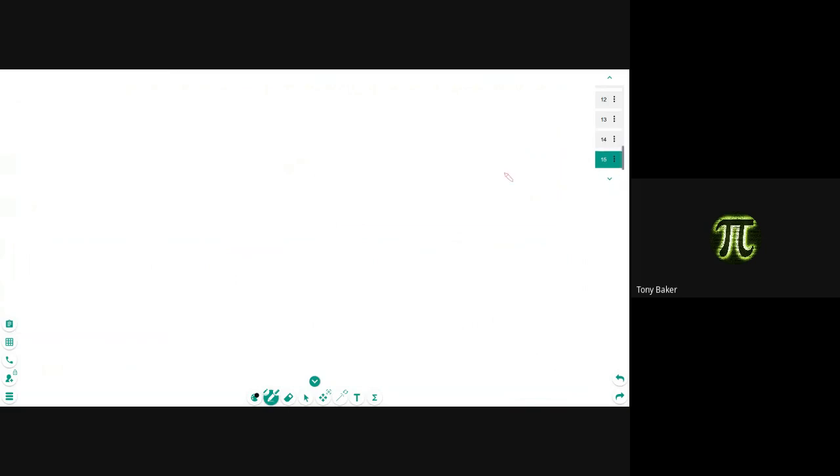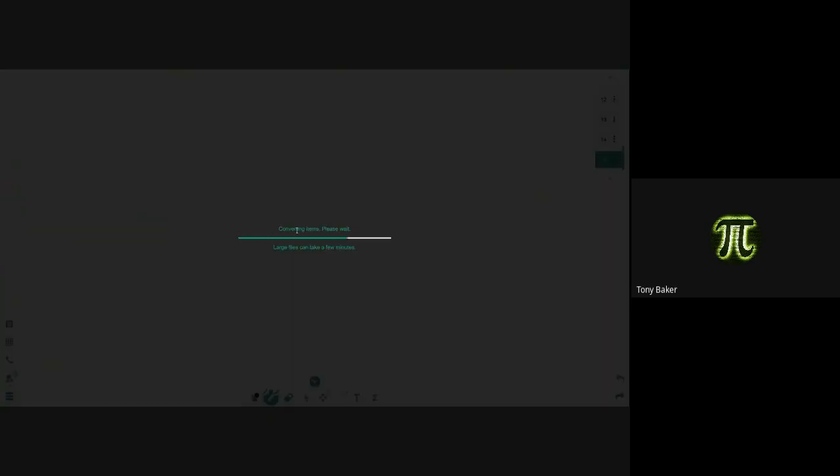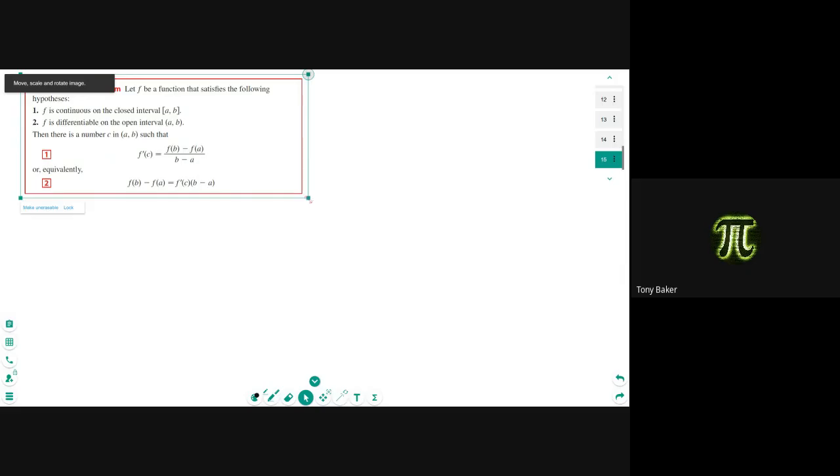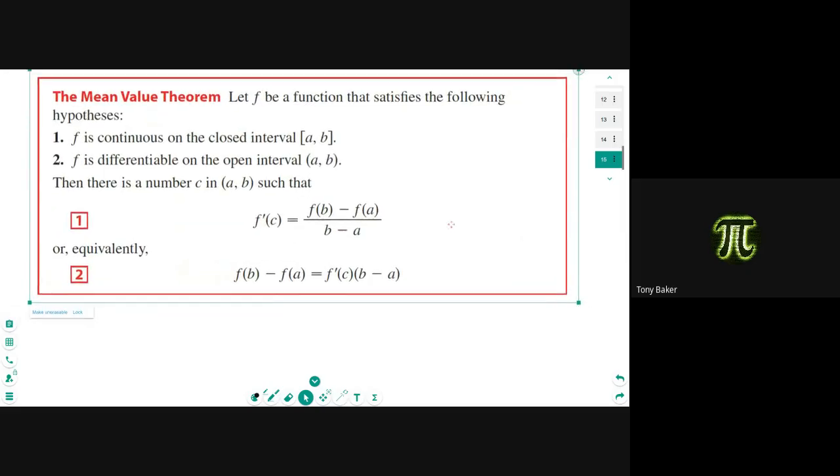The mean value theorem, which is actually way more important, is just an expansion of that.